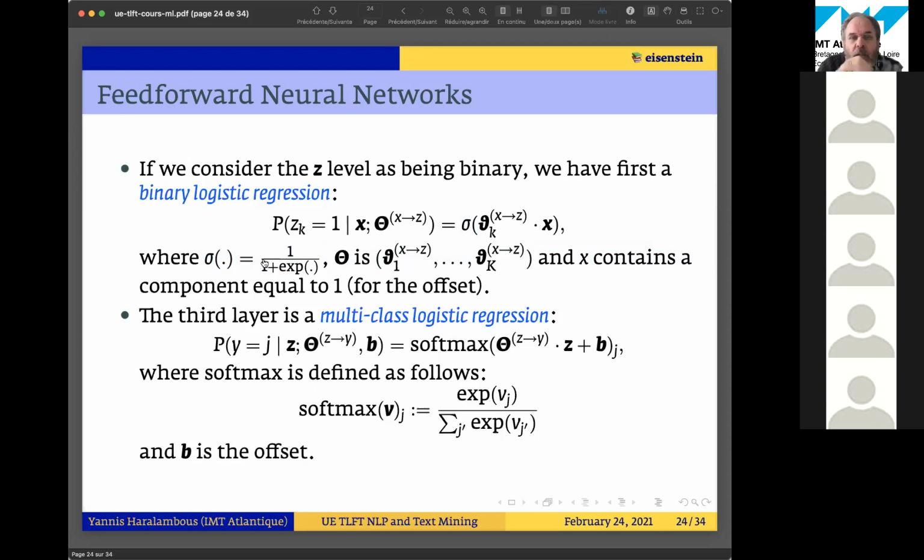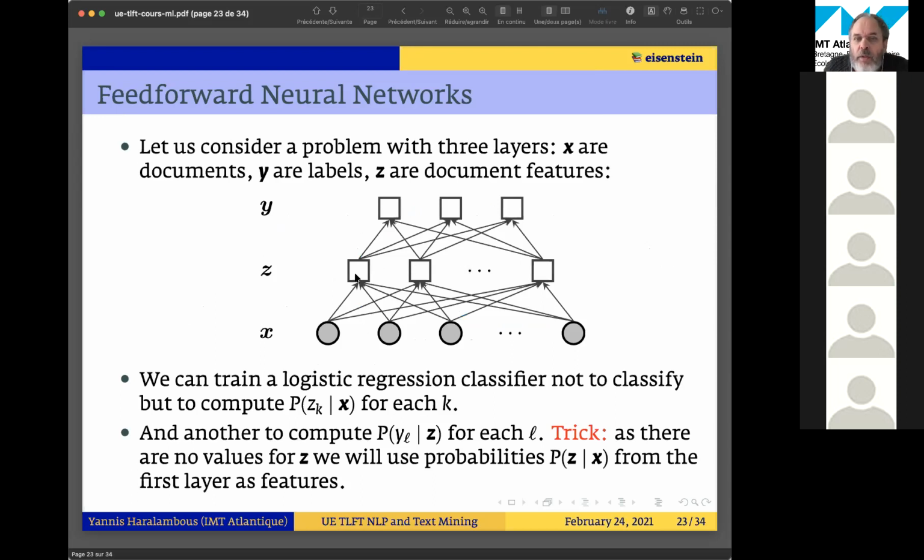It looks like an S. And here, don't be afraid by this notation. It is there only to frighten you, or maybe not you, but those reading the text and not knowing what it means. It simply means it's the layer going from X to Z. Okay. K will be my individual index. So this is 1, 2, 3, 4, K.